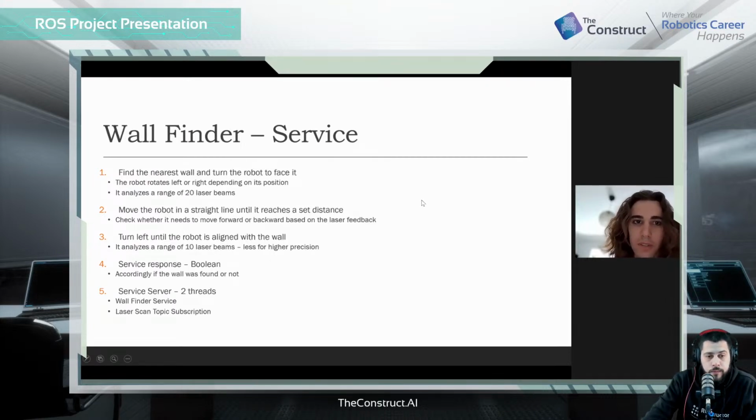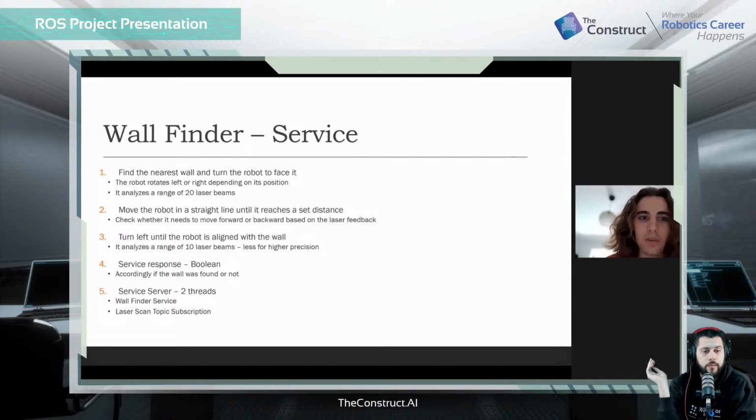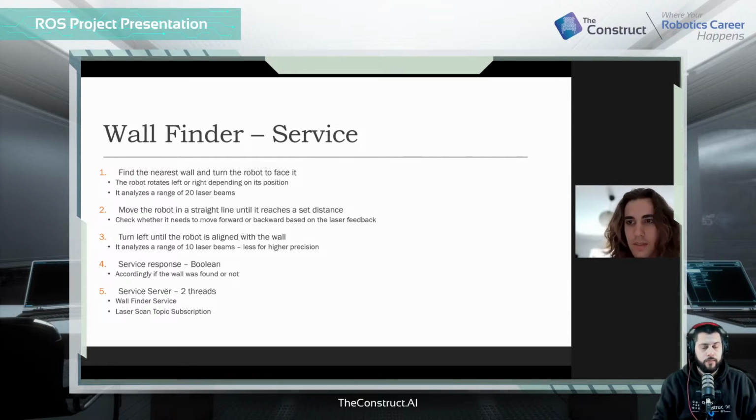For the first part, the service part, I made the program to find the nearest wall and turn the robot to face it. This was done by rotating the robot and knowing the minimum distance position.